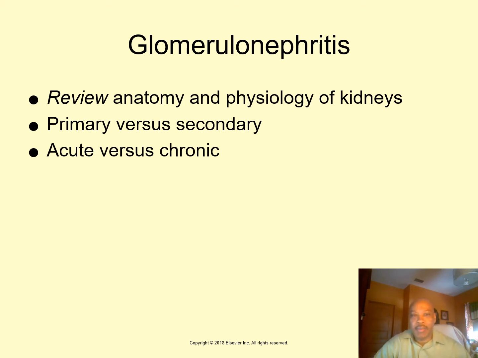For secondary, there is a systemic disorder that involves the glomerulus, such as in patients with lupus or sickle cell disease, etc. Whenever you hear me say etc., there's more information for you to read in that section, because I can't talk about everything, but just to give you an idea. These systemic conditions, lupus and sickle cell to name a few, are considered secondary because their systemic effect will impact the patient's kidneys.